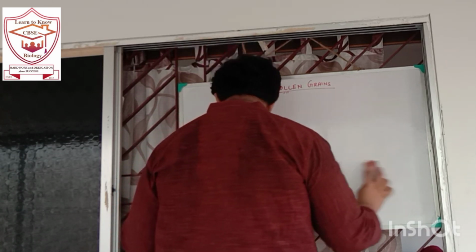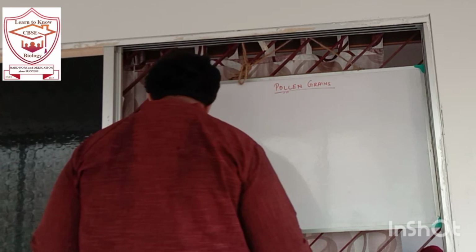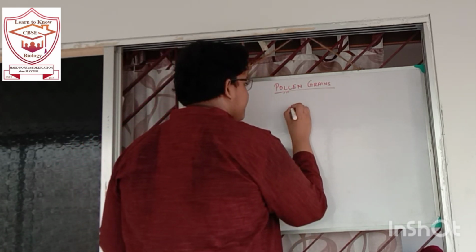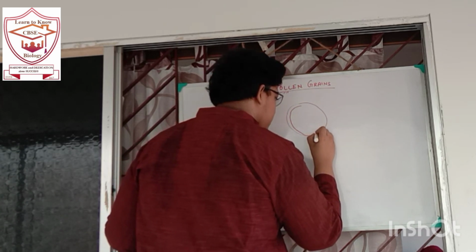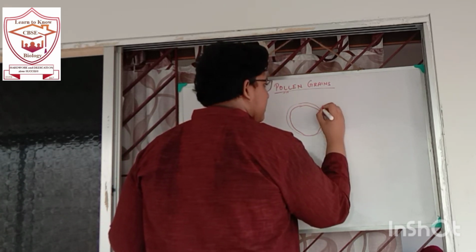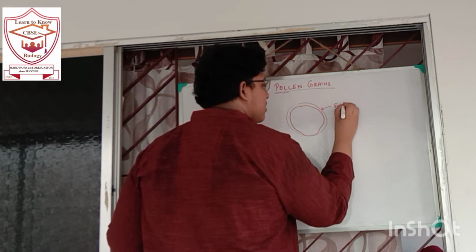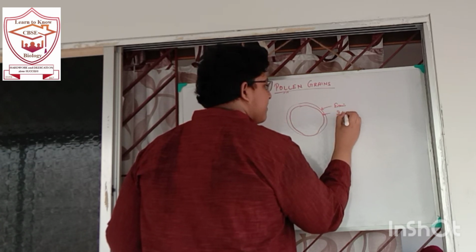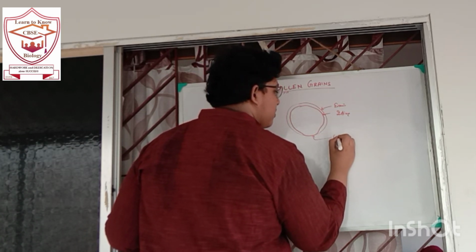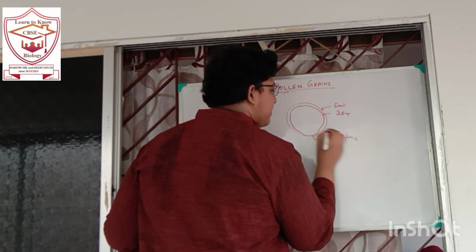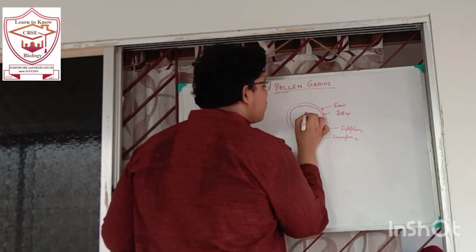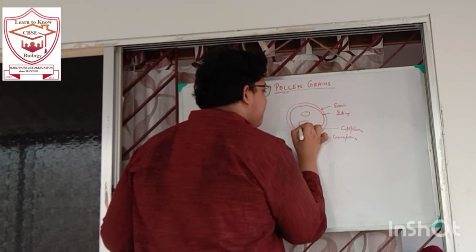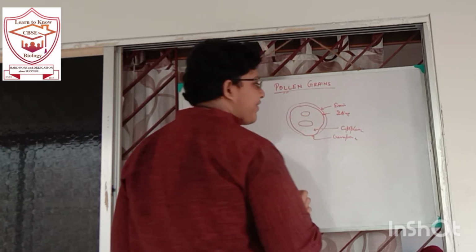Now, if we look in more detail, if this is a pollen grain, this is exine, this is intine, this is the germ pore, this is cytoplasm. A pollen grain is a two-cell structure.